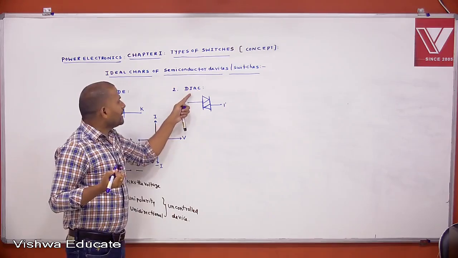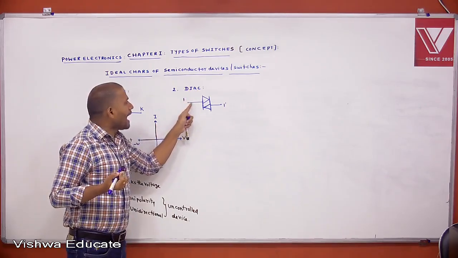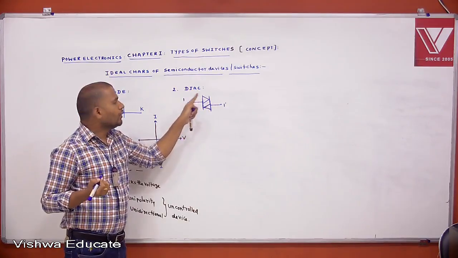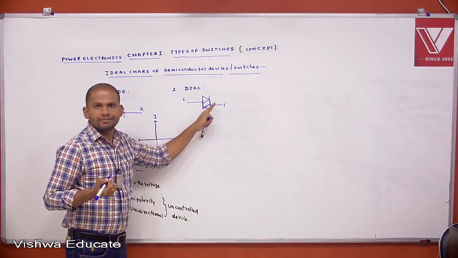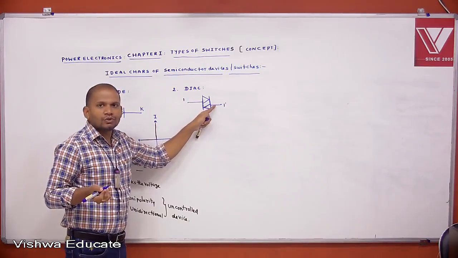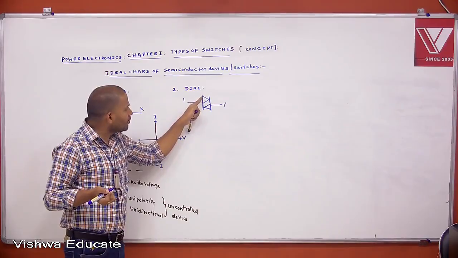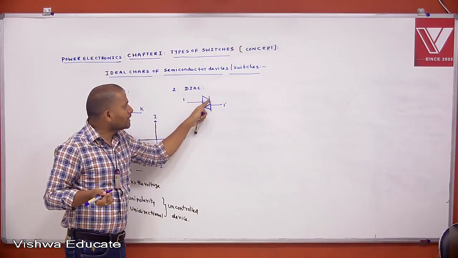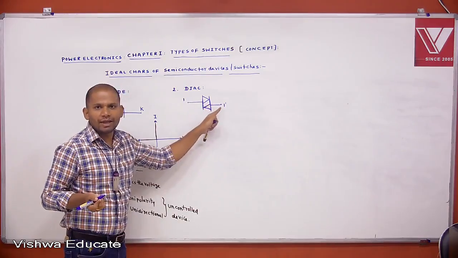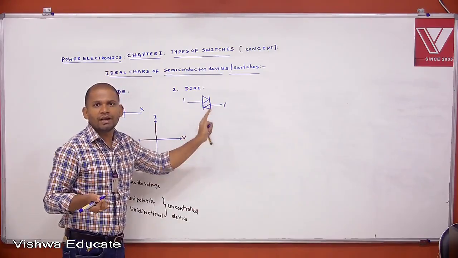In the representation, we don't mark anode and cathode. Understood? We represent one dash here. We cannot say which is the anode and which is the cathode, because this side consists of both anode and cathode, and this side also consists of both cathode and anode. That's why we cannot mark anode and cathode terminals. It is represented with one dash terminals.